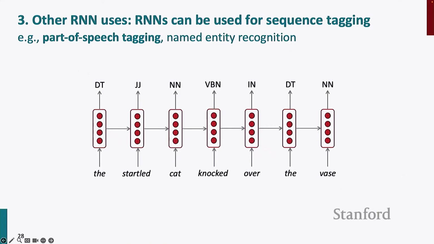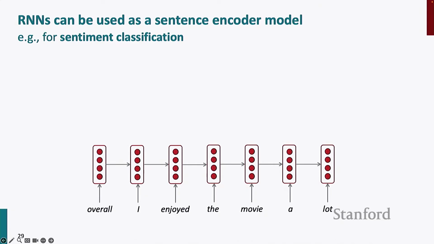If you want to assign words parts of speech, like nouns and verbs, that would be commonly done with a part-of-speech tagging LSTM. If you want to assign named entity labels like location, I did this toy version where we were assigning a label to the middle of a window, but if you wanted to assign a label at each position, you can use an LSTM for named entity recognition.